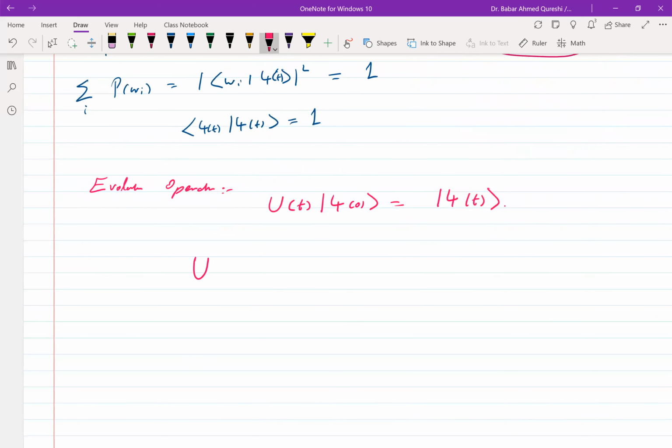And I want this scalar product to be preserved, equal to this same scalar product, which was before.